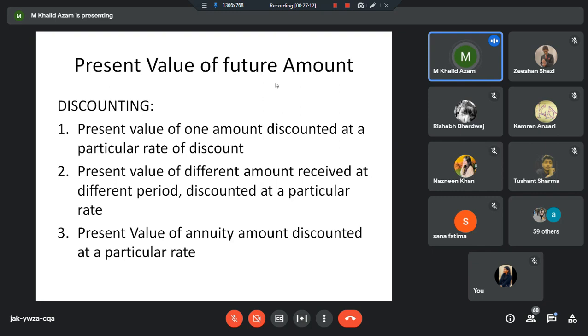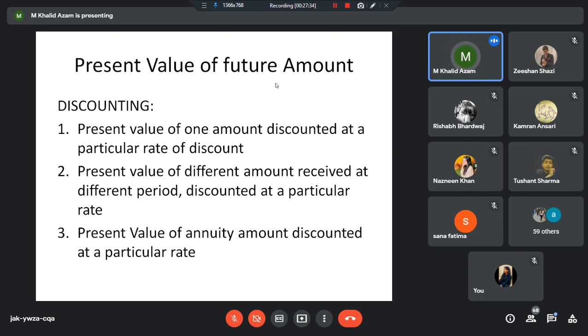As we have considered that I have some money today, I am going to invest, I will be getting some additional amount in future. Similarly, if I am getting some amount in future, its value today, on the basis of this concept that early money is better money, 1 rupee of today is better than 1 rupee of tomorrow.